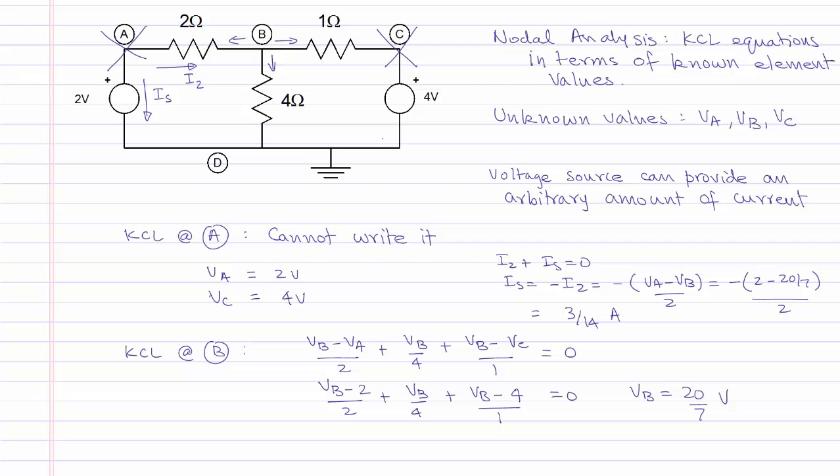The first reason is that the voltage source can provide an arbitrary amount of current, and we cannot write a KCL in terms of the nodal voltages and other known element values. And the second reason is that since we know the nodal voltage, we do not need to write a KCL at this node. Thus, grounded voltage sources will reduce the number of equations and the unknowns that are required for nodal analysis.